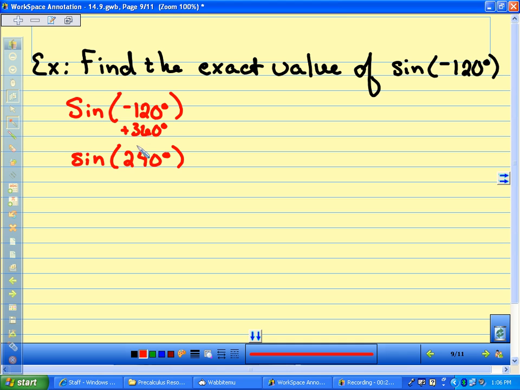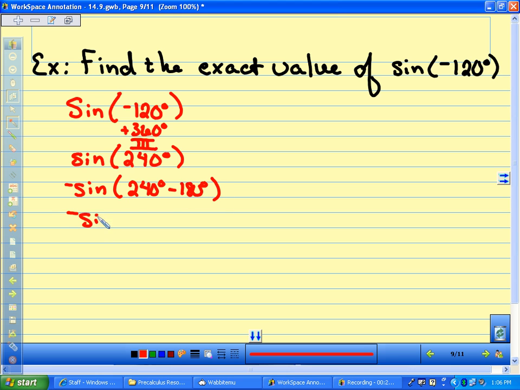Now can I determine the quadrant we're in? Yeah, where's 240? 240 is in quadrant 3, where sine is negative. And we find reference how? Subtracting off 180. So we've got 240 minus 180.